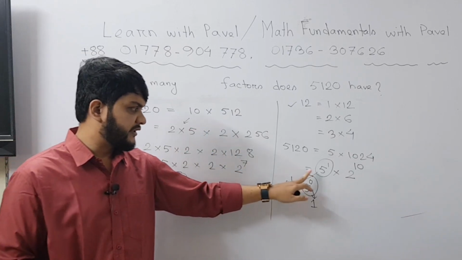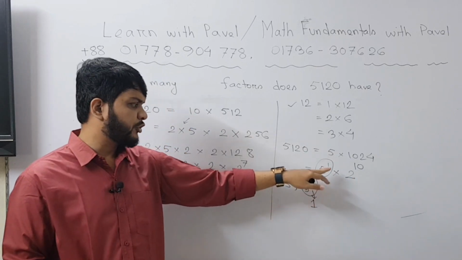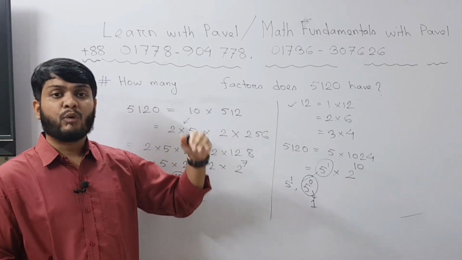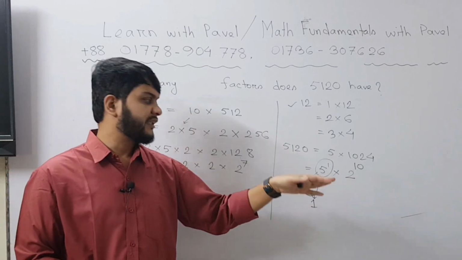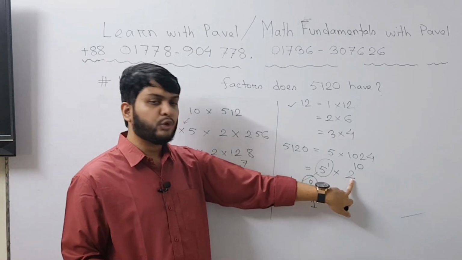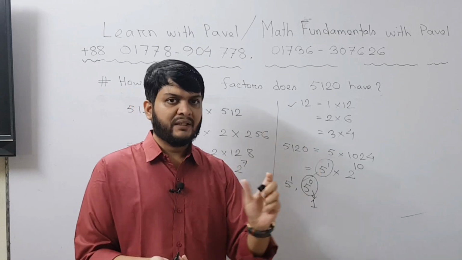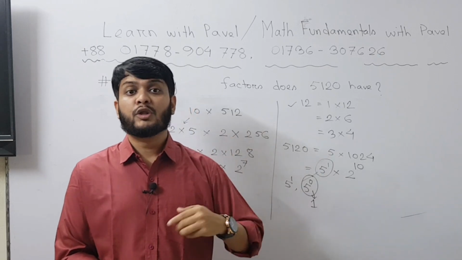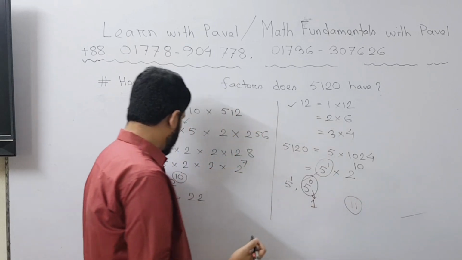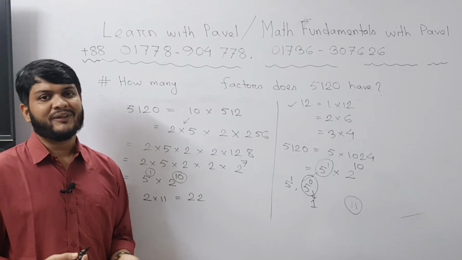So all the numbers to the power 0 is equal to 1, and that 1 is a factor of all the numbers. That's why every time you will be getting 1 more factor. So here also 2 to the power 10 has 11 factors. Starting from 2 to the power 10 down to 2 to the power 1, you have 10 factors, and also 2 to the power 0 is another factor. So that's why you have 11 factors. Okay, so 2 times 11, you can make 22 combinations. That's why you have 22 factors.